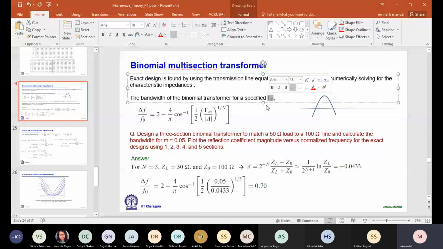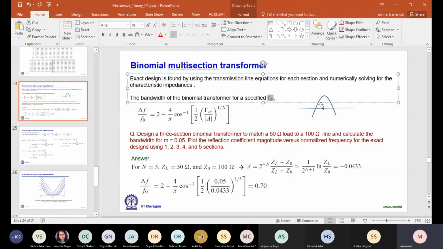Also, he will specify what should be the maximum amplitude variation within the bandwidth. For example, typically for a wideband amplifier, not narrowband, this 2.4 to 2.485 is an example of a narrowband circuit. For wideband, typically for an amplifier, we consider a maximum of 1 dB variation.